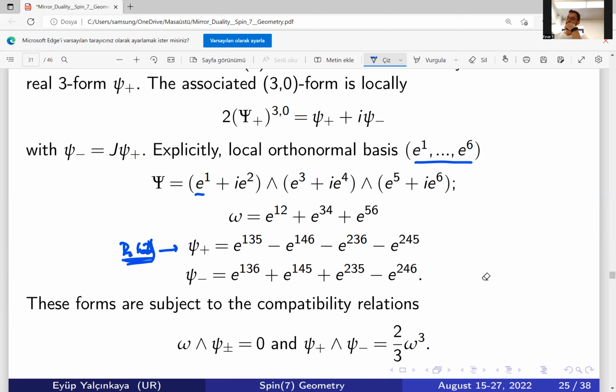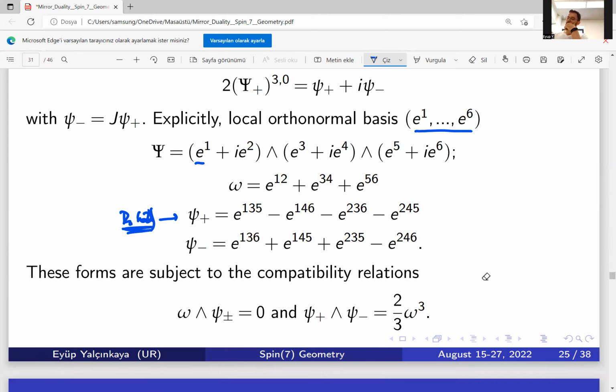And these are the extra conditions: C plus and C minus give us omega cubed, and this is a non-degenerate form. If you multiply it with itself 3 times, it gives us the volume form.